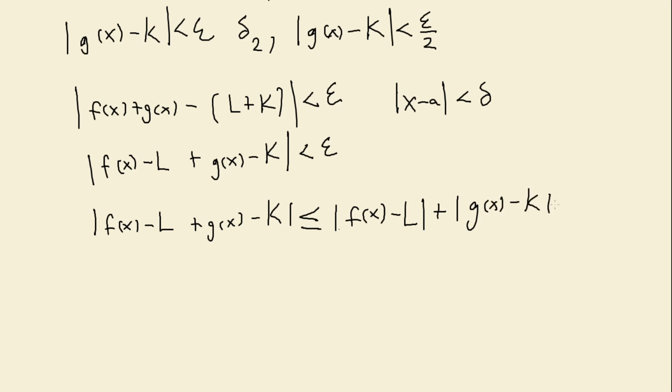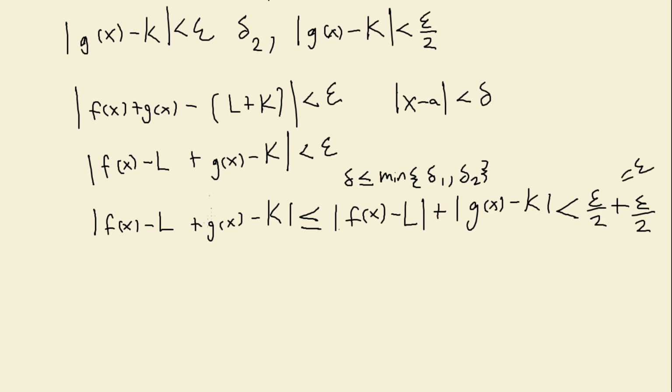And if we say that delta is less than or equal to the minimum, whichever one is smaller, of delta 1 and delta 2, which we established before up here, then we could say that this sum here is going to be less than epsilon over 2 plus epsilon over 2, which is just epsilon.